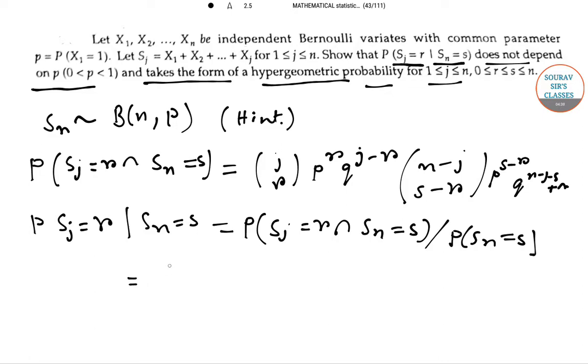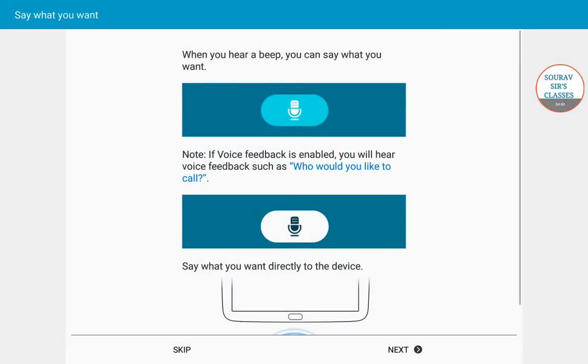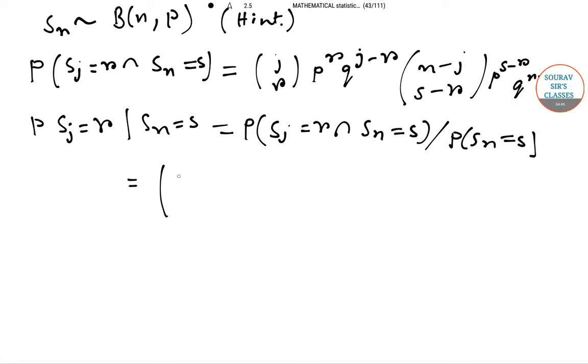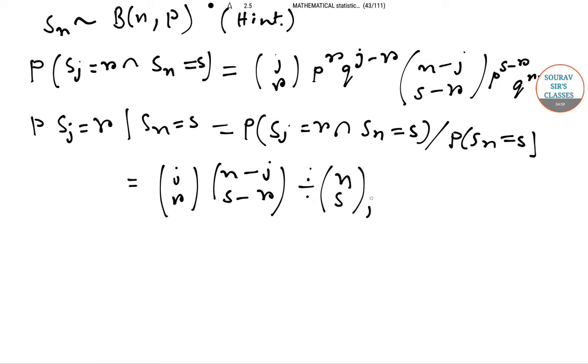Now this can also be written as j choose r times n minus j choose s minus r, divided by n choose s, for j belonging to 1 to n, where r and s belong to 0 to n. So this is a result which is independent of p.